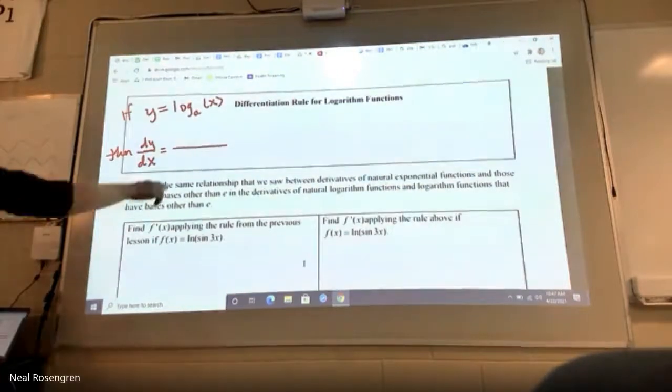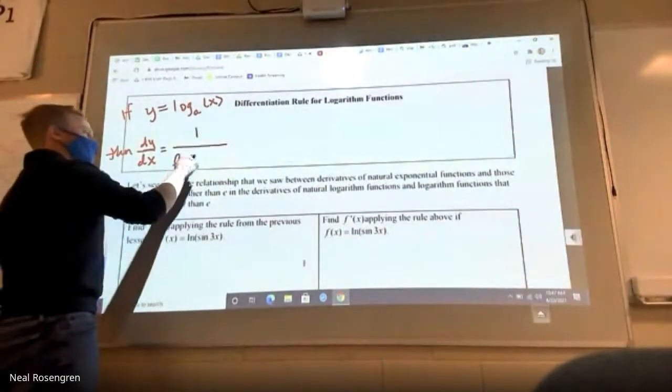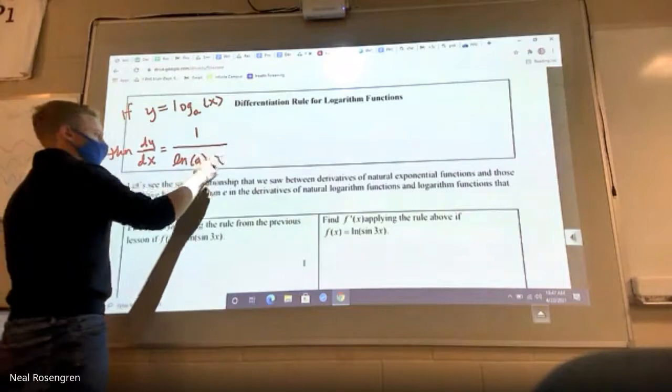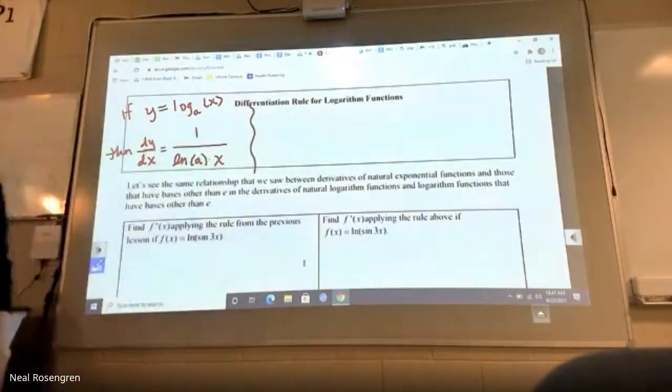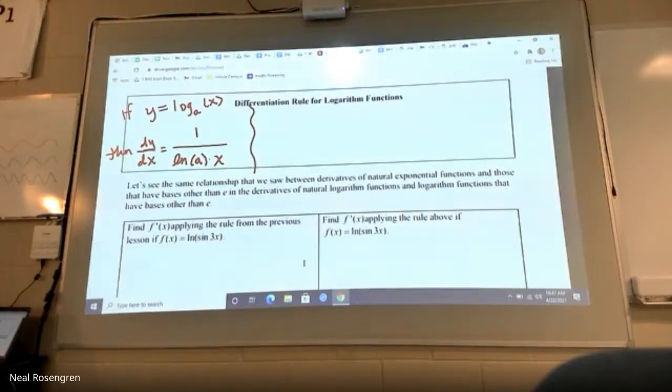This is 1 over ln of a times x. Because it's rational, the constant is actually the reciprocal of ln of a, which is kind of cool that it works out. But again, just a constant of whatever that base is.